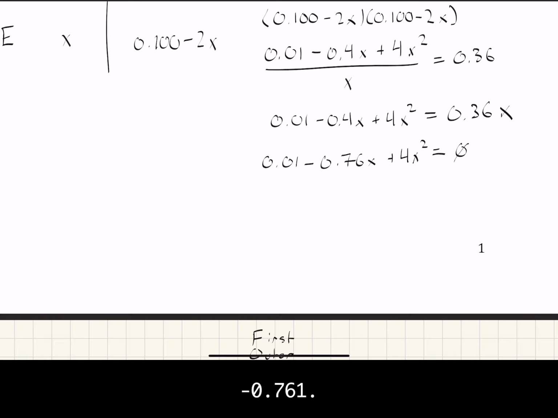Negative 0.7601. So we get two different x's, x1 and x2.